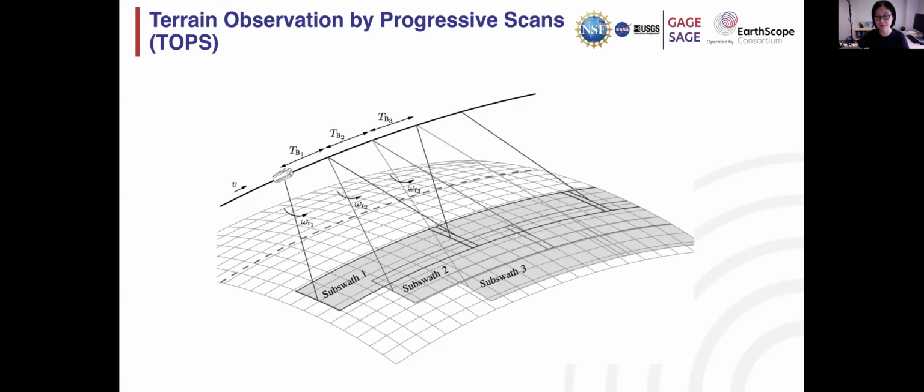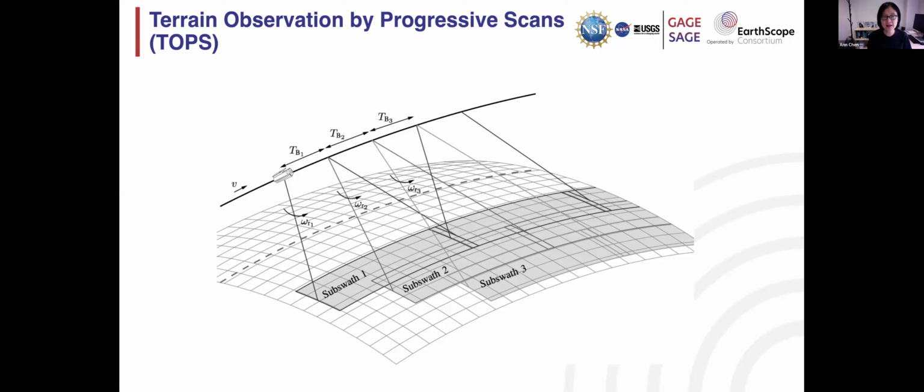Instead of holding a particular direction like in the Stripmap mode, the antenna is actually steering from backward to forward. That allows the satellite to cover a bigger area during the subswaths, and the steering is designed so we acquire images from subswath 1 to 2 to 3, and then go back to subswath 1. There's a seamless stitching between them. So that's the overall idea.